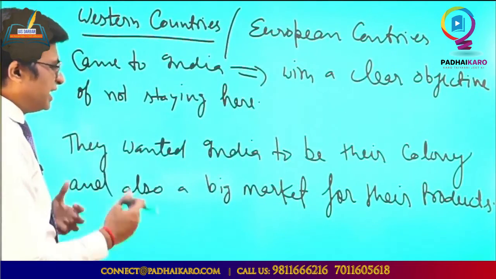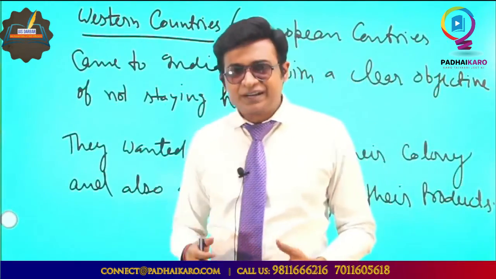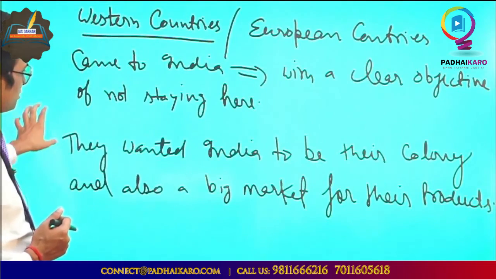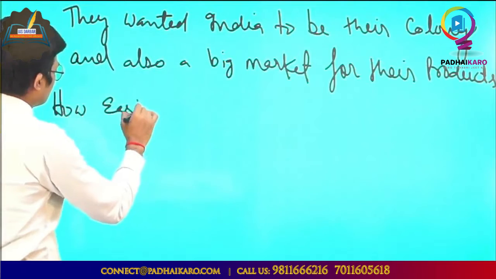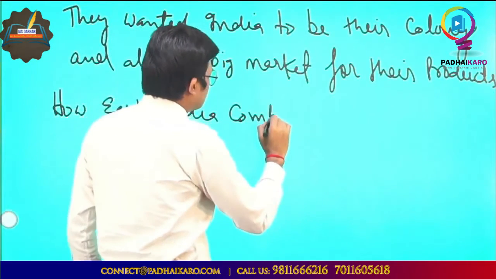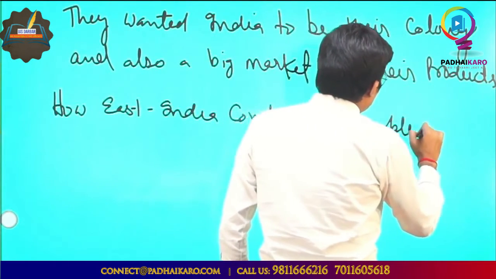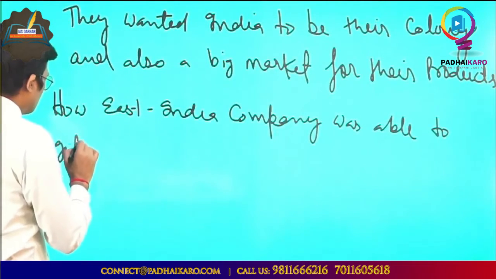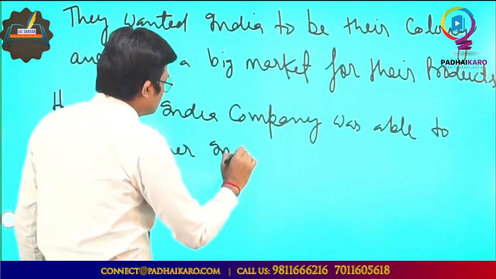Now, the traders who came to India started getting many concessions from the Indian rulers. So how was the East India Company able to get hold over India?